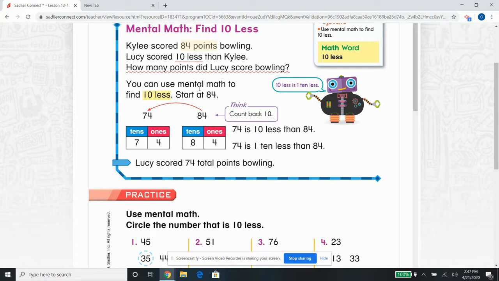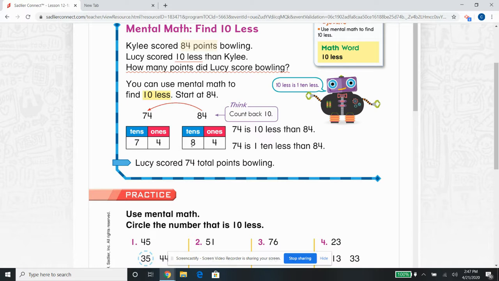Now it's saying you could use mental math to find 10 less. So start at 84 and go back to 74. I want you to stress to them also, the ones are not changing. The tens are changing. So make sure they know that these numbers here in the ones column, they're not going to change. They're going to stay at the number 4 because we're looking at the tens only.